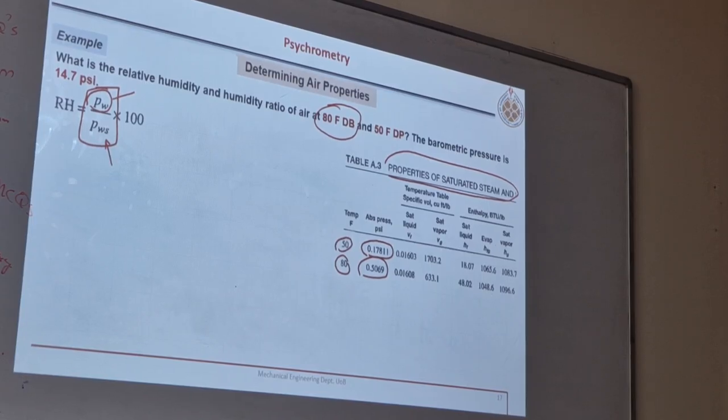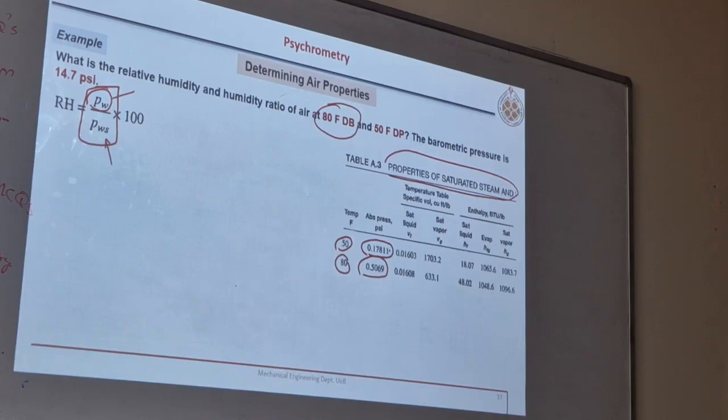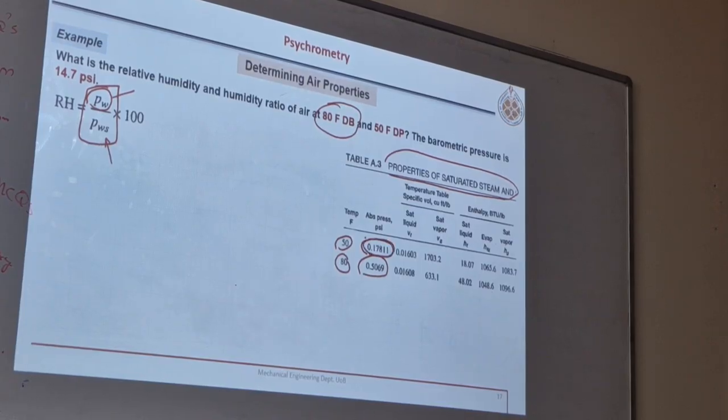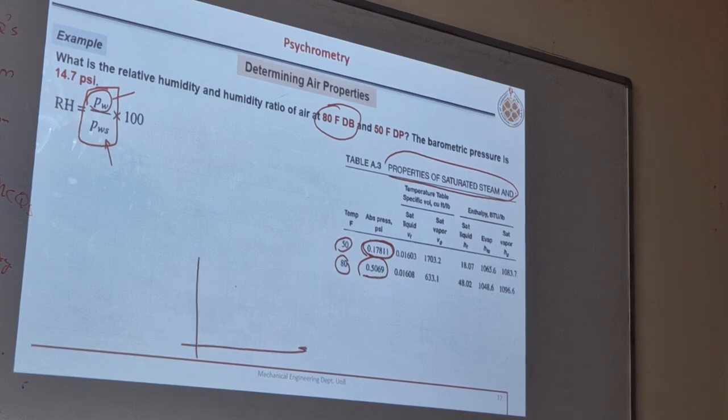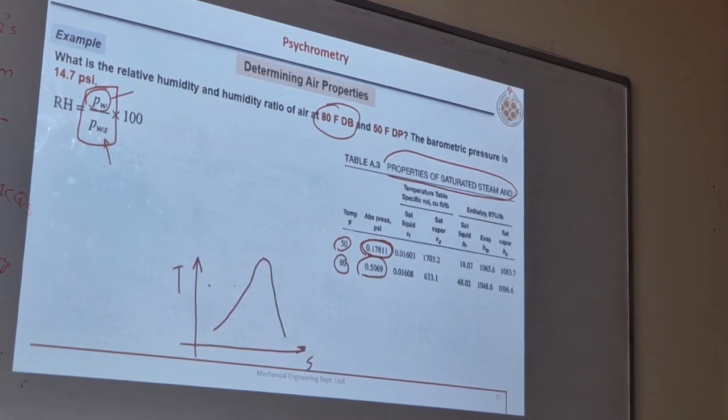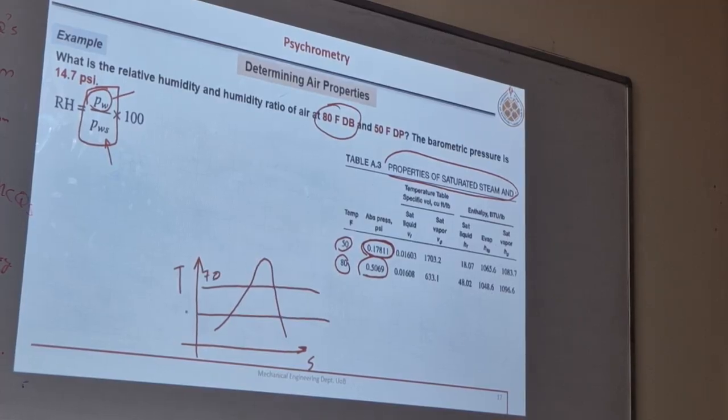So what is PWS? It is this, 0.178. And what is PWS? 0.5069. Again, we should show it, otherwise it's not clear.